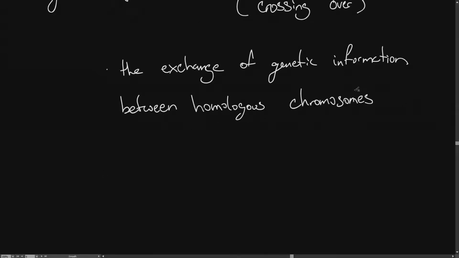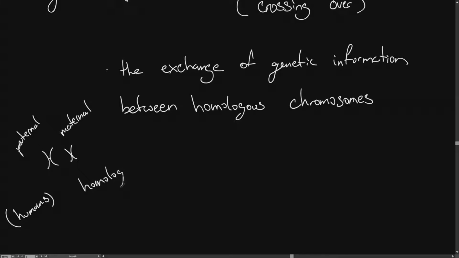And the reason that this can happen is that when we have homologous chromosomes, so this will be a paternal and a maternal chromosome, meaning from the father and from the mother. In this example, we're going to be speaking about humans. So we have two chromosomes, paternal and maternal, from the same species, and they're homologous, meaning that this is a set of chromosomes that pair up with each other during meiosis.